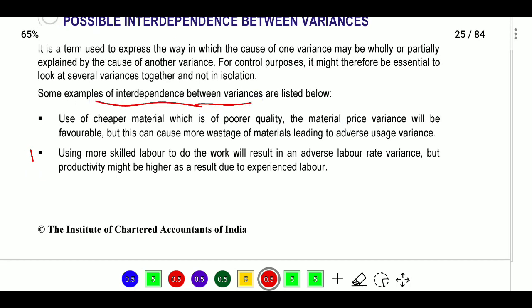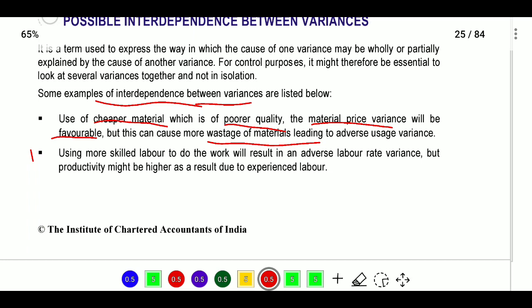The price will decrease so that you get the price variance and save on price, but when you go for lower quality, more wastage material will be the outcome.